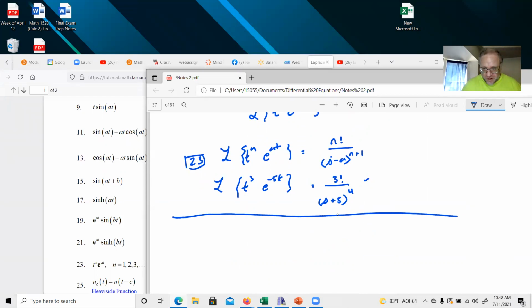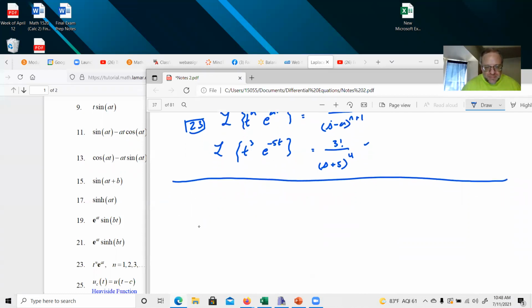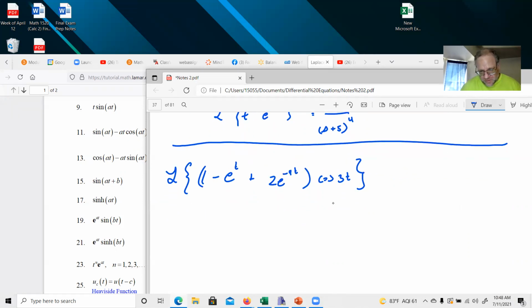Maybe a harder example here. So if we want to do the Laplace transform of (1 minus e to the t plus 2e to the negative 4t) times cosine of 3t, okay, the first thing we have to do is distribute this cosine 3t to each of the terms in here.